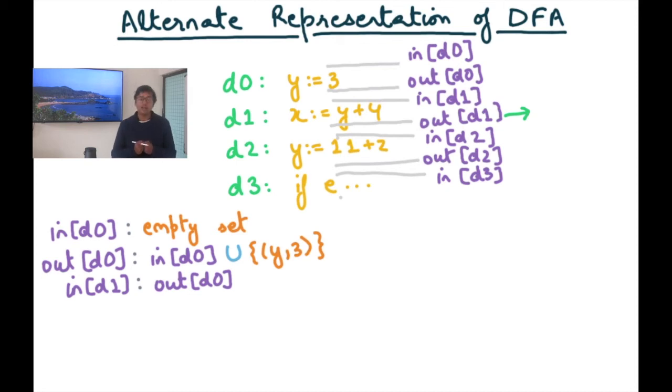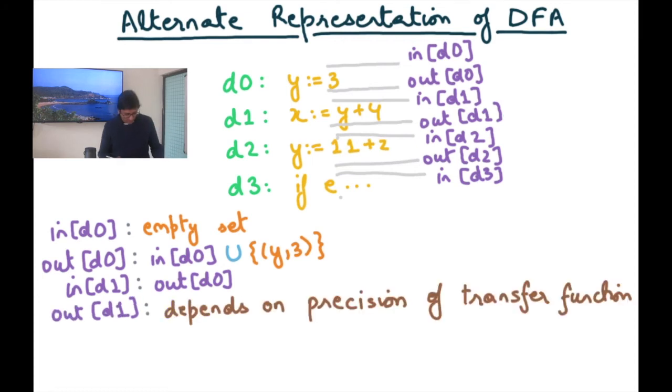So if you do that, then you have to do your transfer function, which basically relates out D1 to in D1. It has to be a little bit more intelligent and slightly more expensive as a result, because it has to look through what the expressions on the RHS are and what variables are being used in the RHS of the instruction, and then look them up in your value of in D1, and based on that generate a value for out D1.